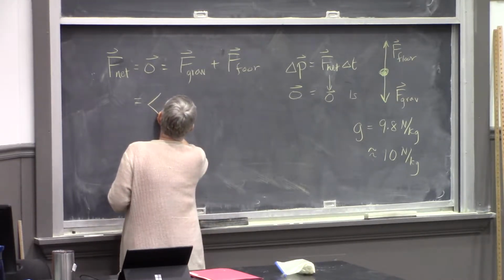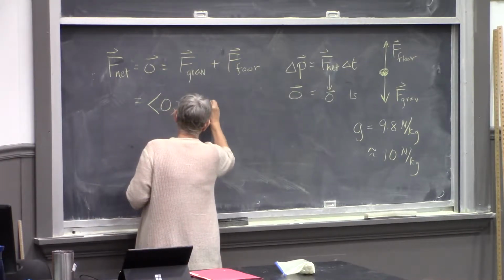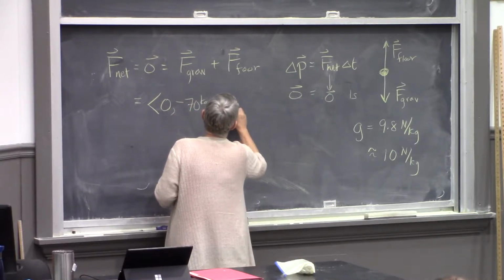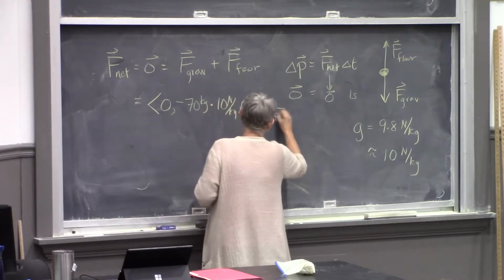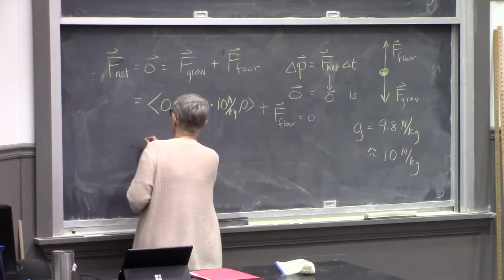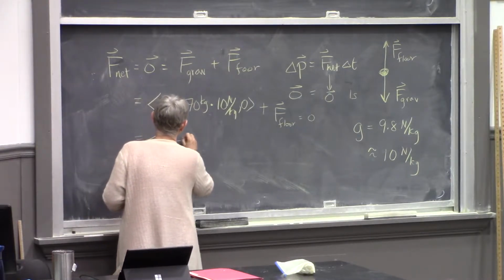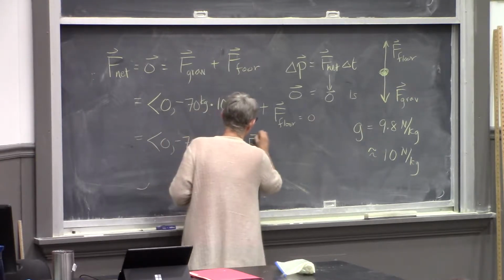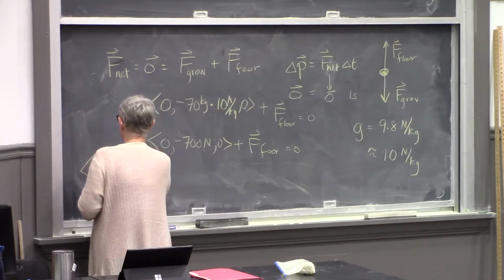So we have 0, we have a minus 70 kilograms times 10 newtons per kilogram, 0, plus the force by the floor is 0. So we find that we have 0, negative 700 newtons, 0. So we can solve for the force by the floor.